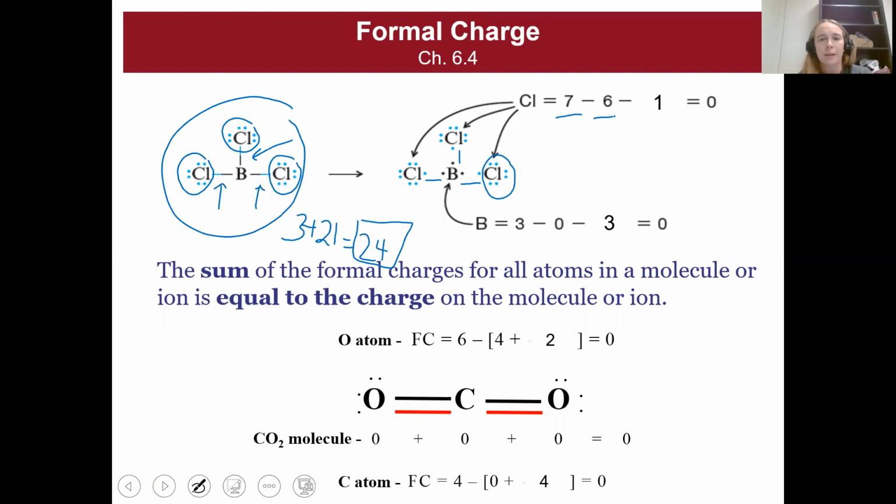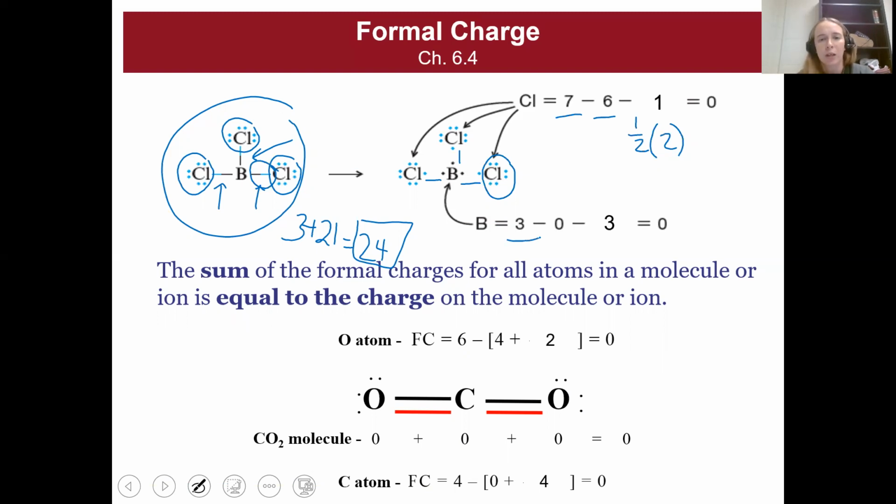And then there is 1 bond, or 1/2 times 2 bonding electrons between it and boron, if you want to do it that way. But basically, there's one bond, so there's one electron associated with chlorine that's in the bond, and one electron associated with boron that's in the bond.